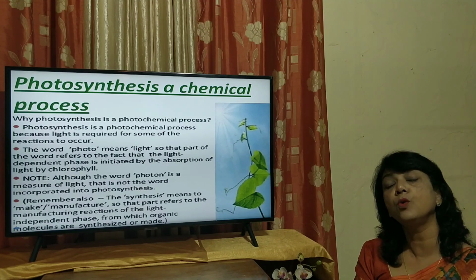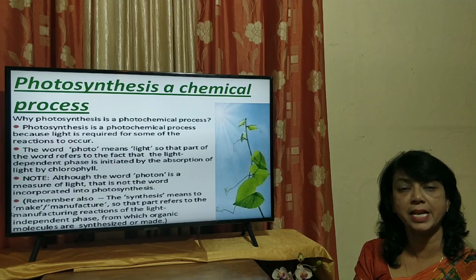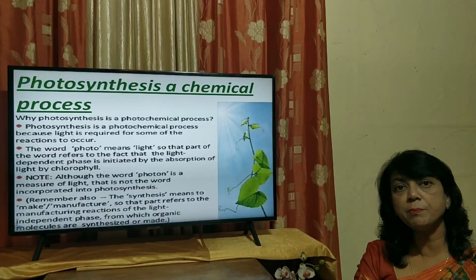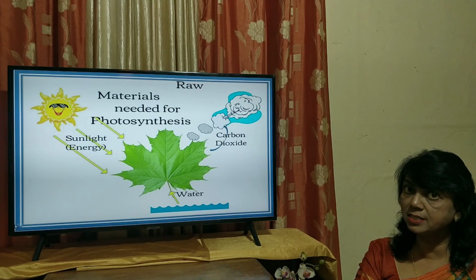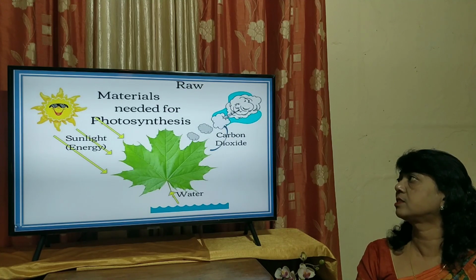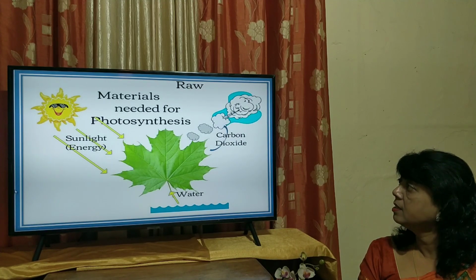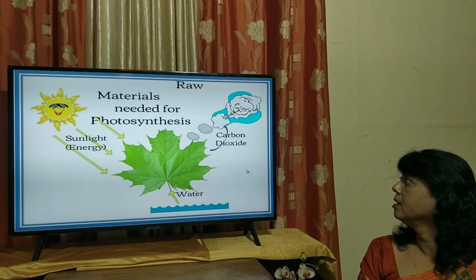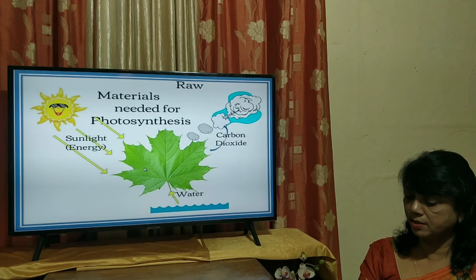That is glucose, C6H12O6. Now, are you able to tell me what the raw materials needed for photosynthesis are? Yes, the raw materials needed for photosynthesis are sunlight, water, carbon dioxide and chlorophyll.